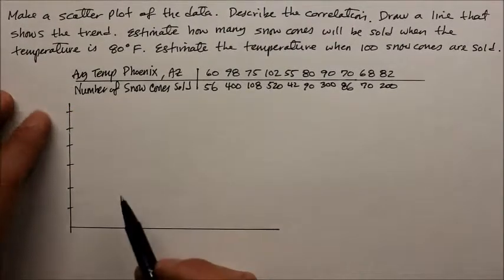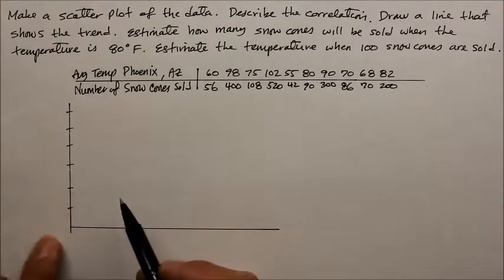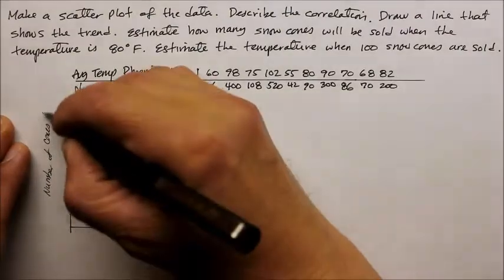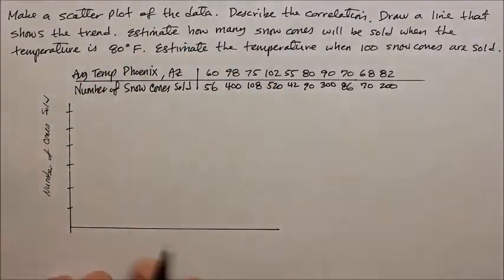Let's say on the y-axis, the vertical axis, let's call this the number of cones. That's the number of cones sold. And over here, the horizontal axis, let's call this the temperature in Fahrenheit.